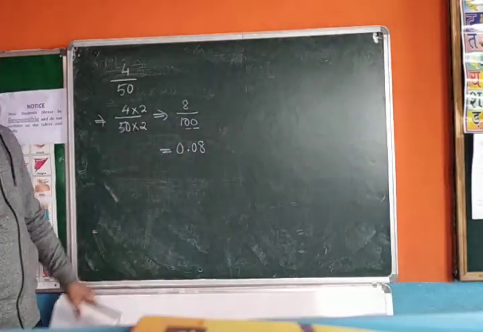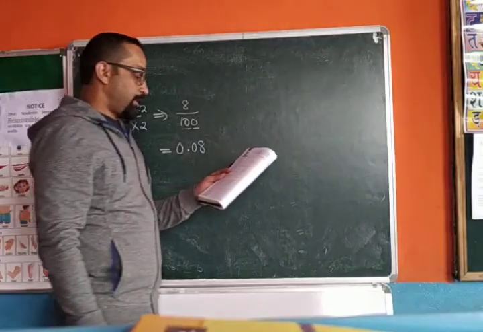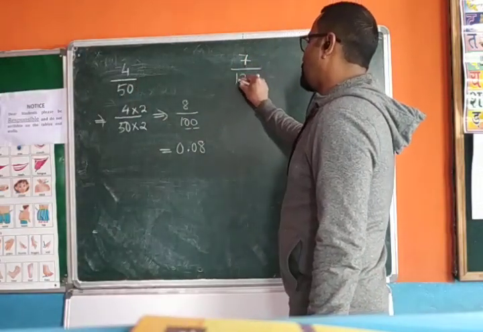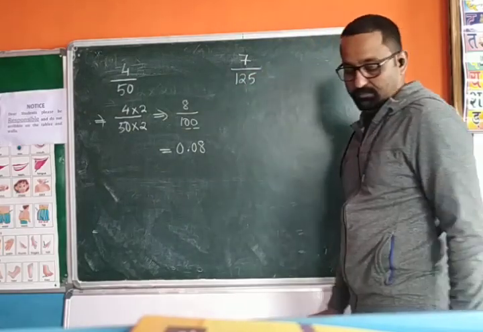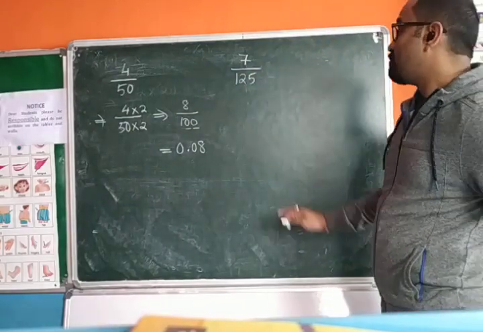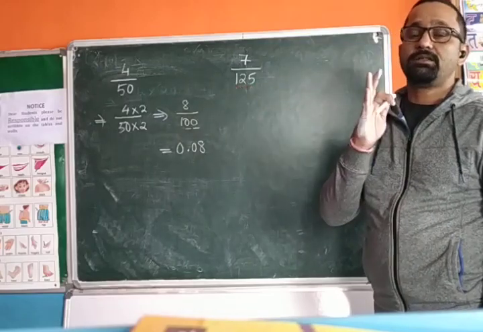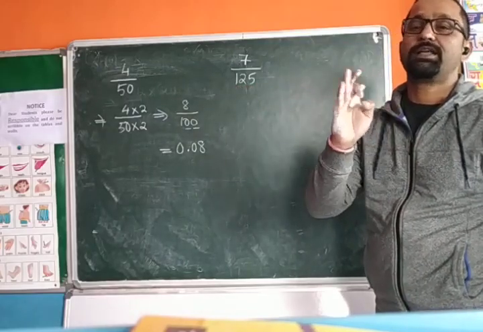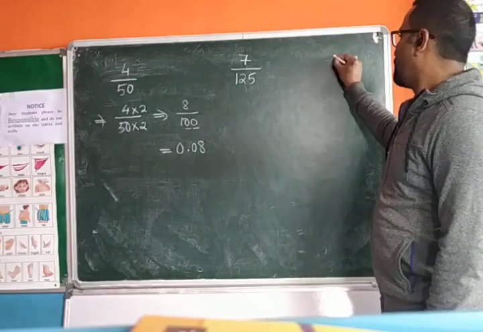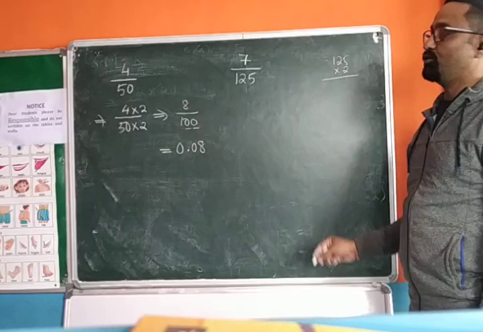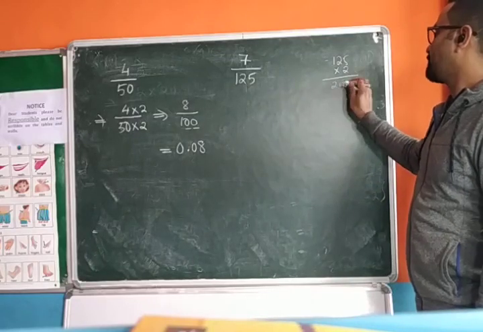Look at this part. Let's take the third example, 7 divided by 125. With what number do you multiply this 125 to make it 100, 1000, etc.? So 1, 2, 5. If you multiply by 2, it gives you 250.